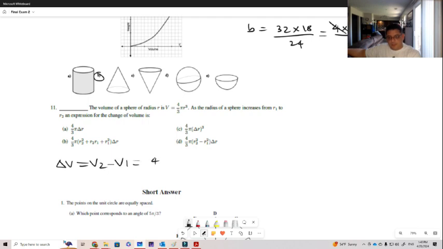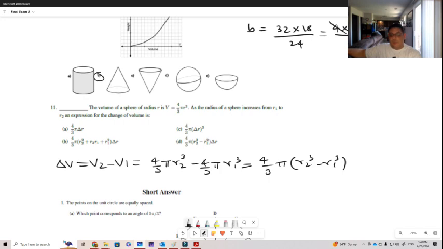And so you're doing 4/3 of pi r2 cubed minus 4/3 of pi r1 cubed. And so we can factor the common elements, 4/3 of pi, and this is r2 cubed minus r1 cubed.